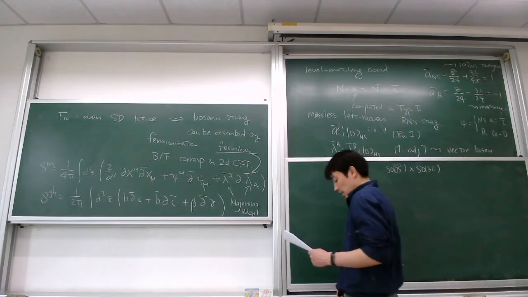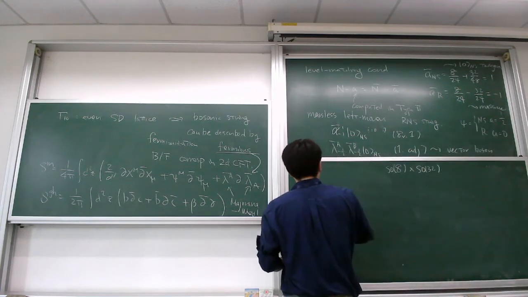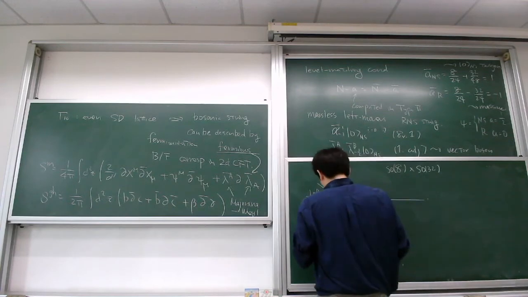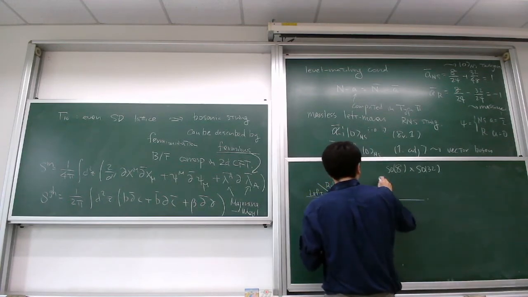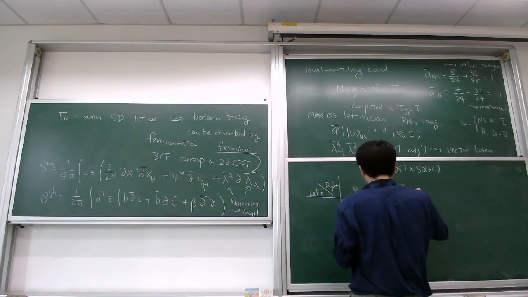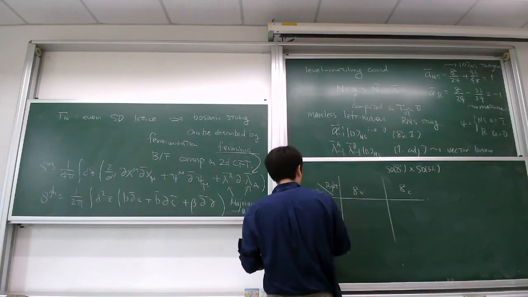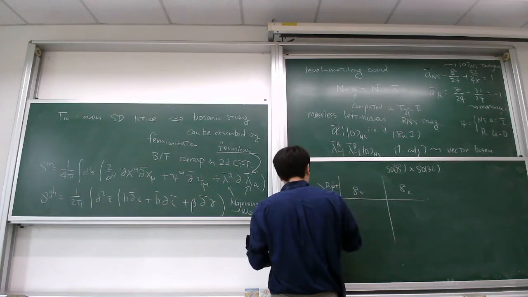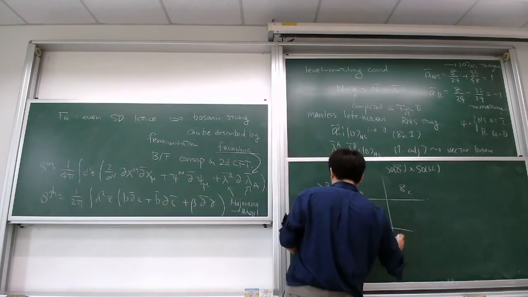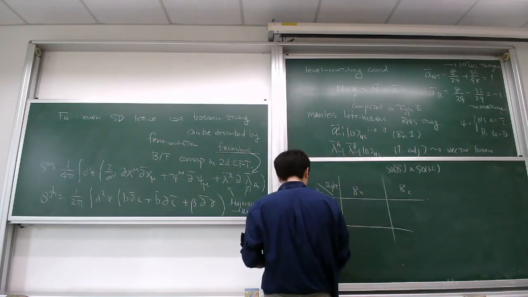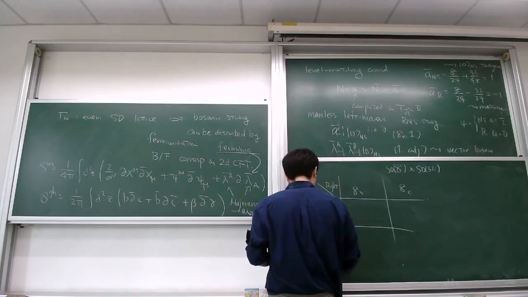So then, at the end of the day, you just look at the spectrum of mass and state, left and right. One is the 8B and then 8C. After GSO projection I just pick 8C. 8B, 1, and then 1 and adjoint.